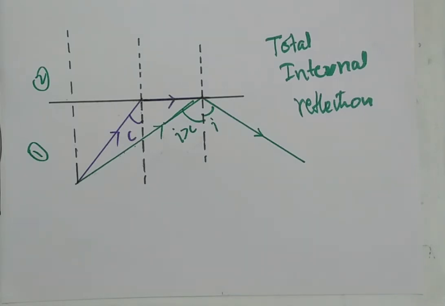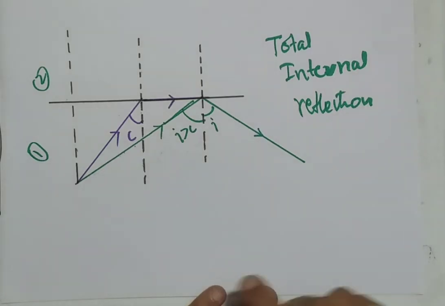Whenever a ray of light, whenever an electromagnetic wave, whenever a radiation falls on any medium, three things happen. One is reflection. A part of that is refracted, that is transmitted. Remaining part gets absorbed. Three things: reflection, transmission, absorption.